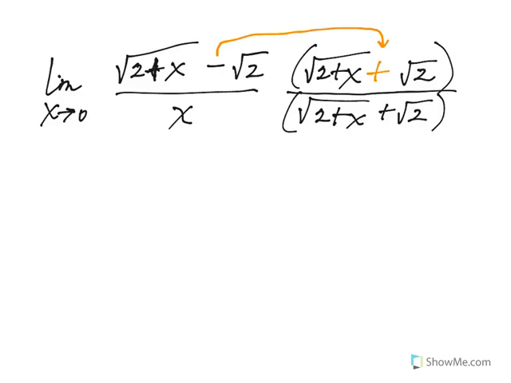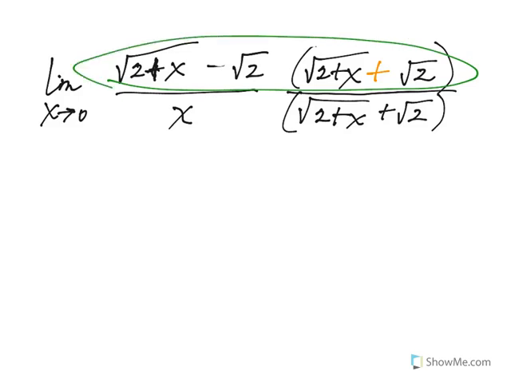All right, now remember when you're multiplying fractions, you just multiply straight across. So if I take the top only, and I FOIL this out using the box method, here's what I'm going to get. I get root 2 plus x times root 2 plus x, otherwise known as just 2 plus x.